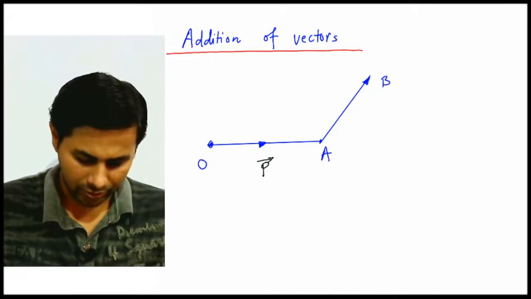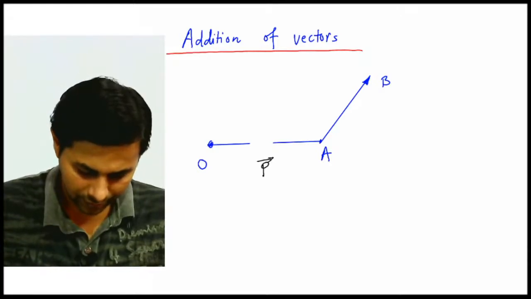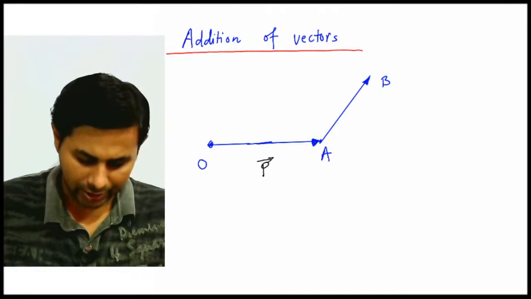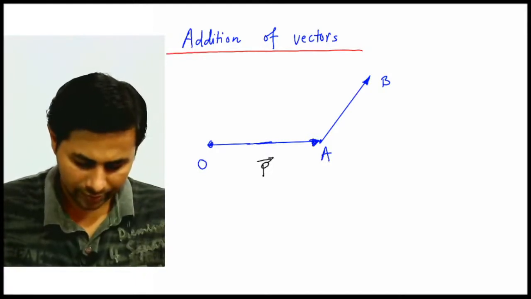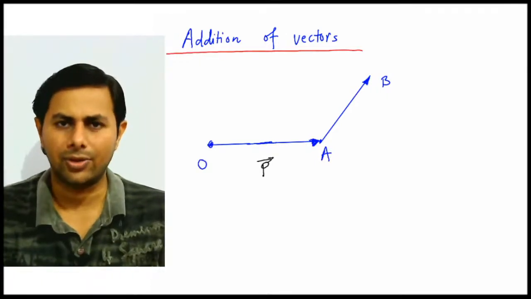Okay, so now to show vector I have to draw actually a tip at the end point. Okay, because this length of the vector denotes magnitude of the vector.